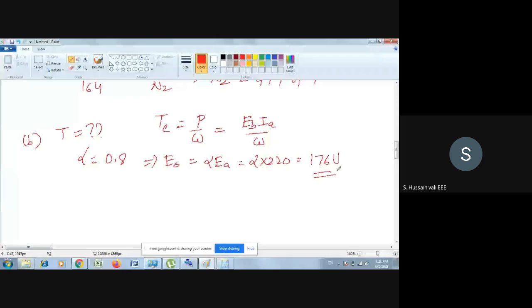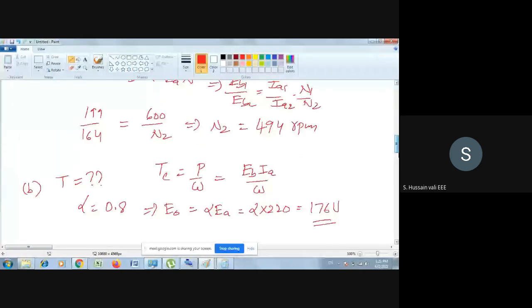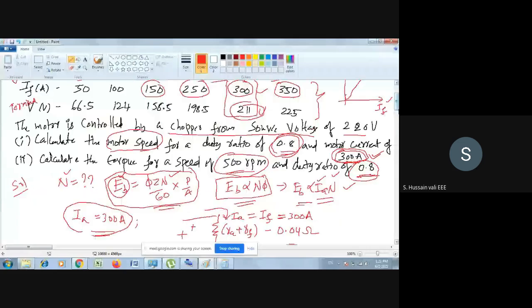How do we find out this E naught? How do we do that? The duty ratio is 0.8, the speed he has given.